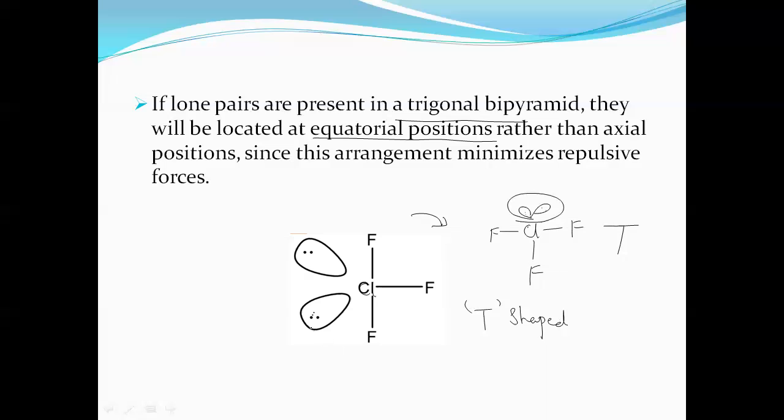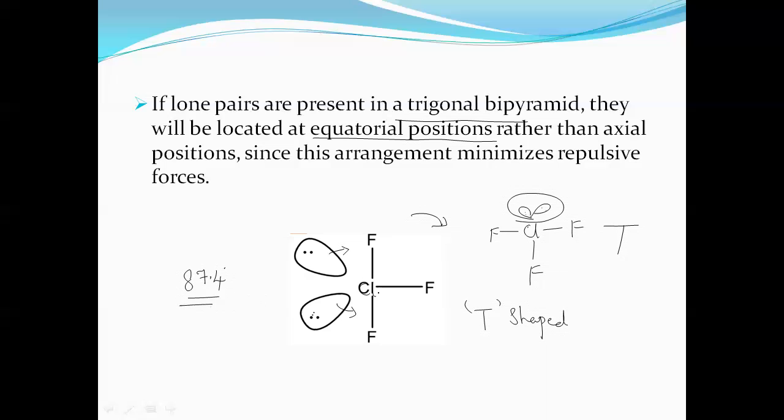So the bond angle here is 87.4. This is because of the repulsion in between the lone pairs and these bond pairs. The bond angle is slightly reduced from 90 to 87.4.